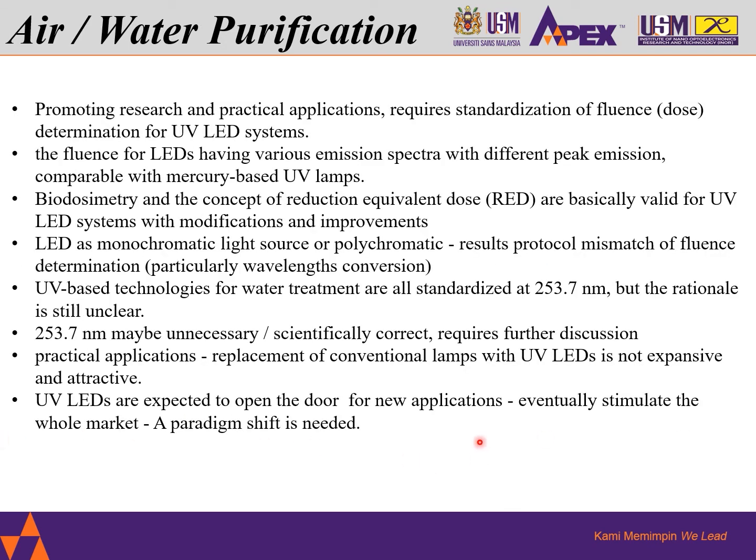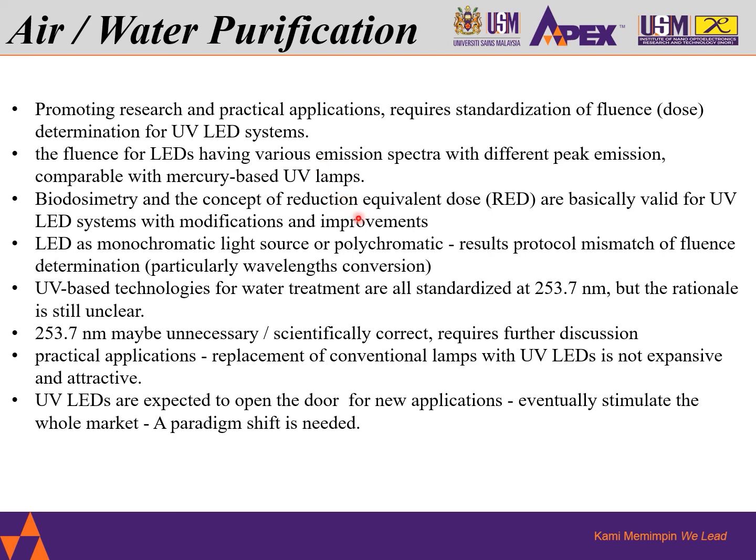To promote both research and practical applications, standardization of fluence, which is the dose, determination for UV LED systems is very crucial and very much needed. The question is how to determine the fluence of LEDs having various emission spectra with different peak emissions in a manner comparable to conventional mercury-based UV lamps.